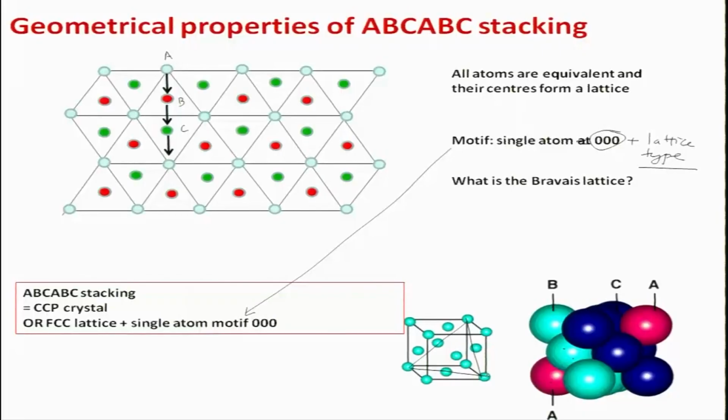This is a 111 type of plane, right? If you remember, the 111 type of plane had an arrangement like this, and if I make it bigger in 2D, it will be a hexagonal type of arrangement. So basically all these atoms which are shown here, the ABC pattern, are nothing but 111 planes stacked on top of each other.